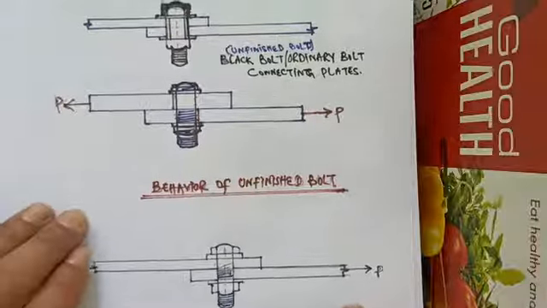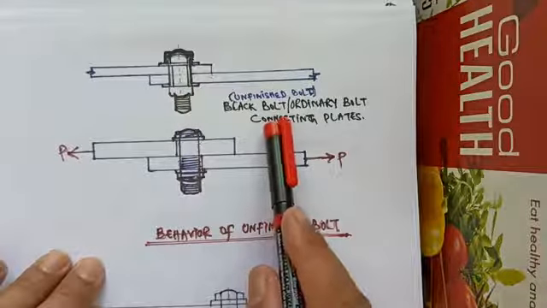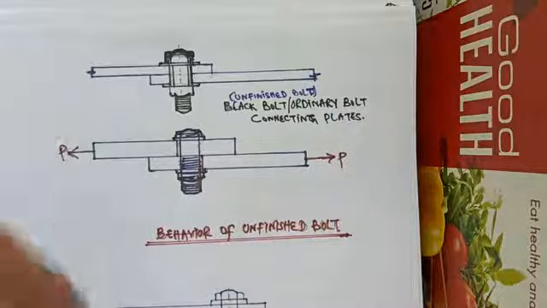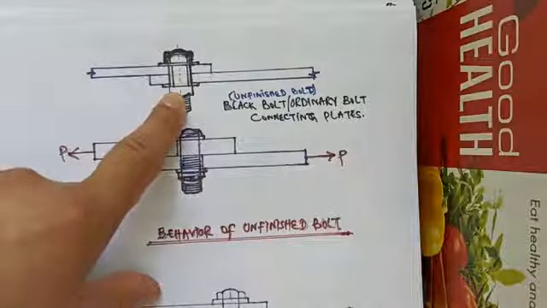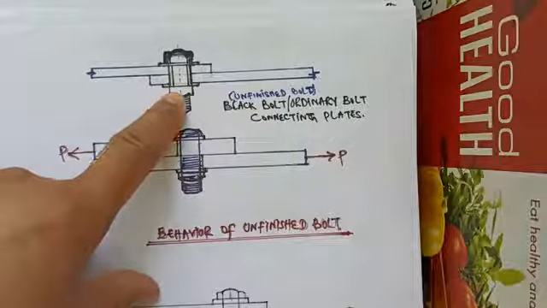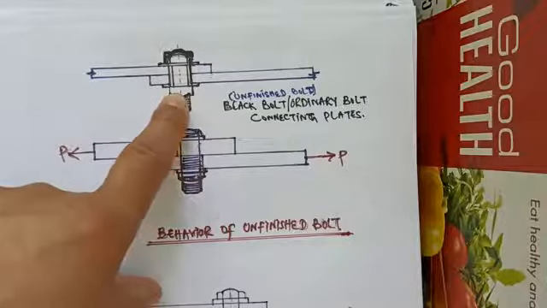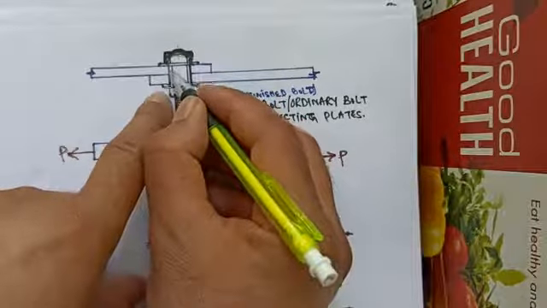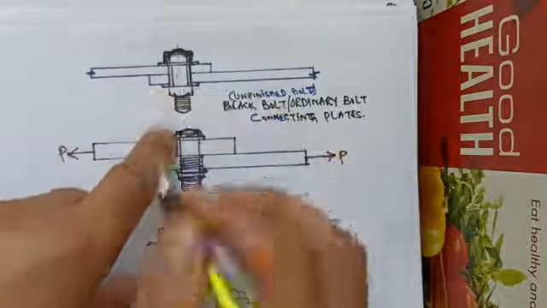As you can see in the figure, we have an unfinished bolt or black bolt or ordinary bolt connecting two plates. These bolts fit loosely and there is no clamping action on the plates being joined. So as you can see, there is a clearance on both the sides, that is, these bolts are loosely fit.